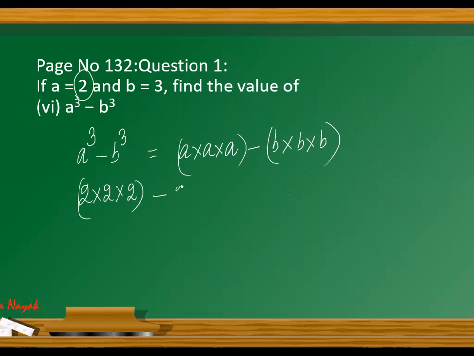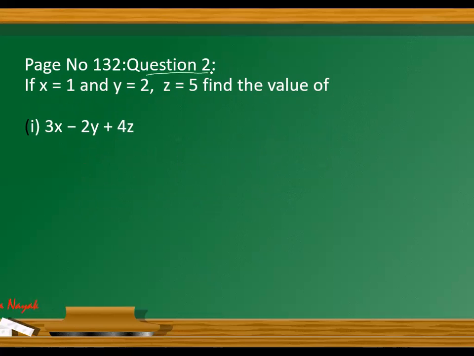Subtract b, 3 multiplies 3 multiplies 3. So 2 multiplies 2 multiplies 2 is 8, 3 multiplies 3 multiplies 3 is 27. So what is the answer? 8 minus 27, the answer is minus 19.